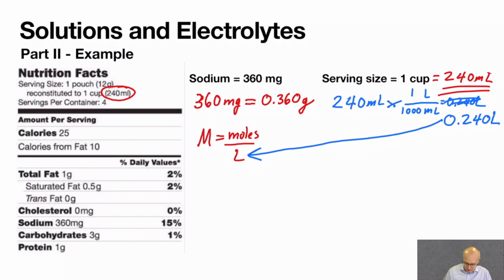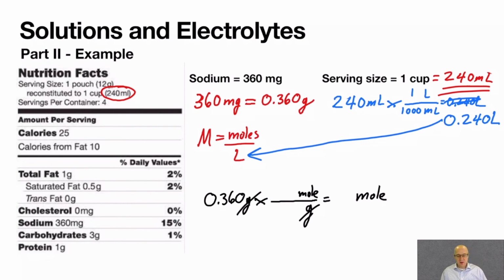Now we need to calculate moles. Again, we are expert chemists. We know that 0.360 grams multiplied by something, grams on the bottom, moles on the top, dimensional analysis, it is the best thing ever. So now, all we need to know is the molar mass of sodium, which I happen to know is 22.99.